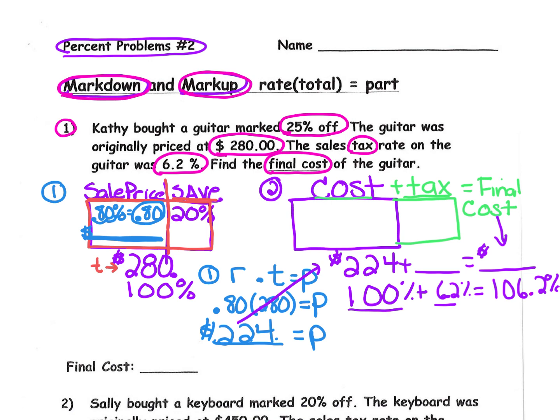But we're going to move our decimal point 2 places, scoop, and convert that to a decimal rate. This is what we're going to use in the formula for our rate to calculate the final cost of our guitar, with tax included.